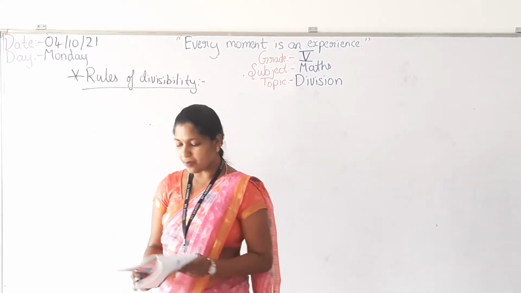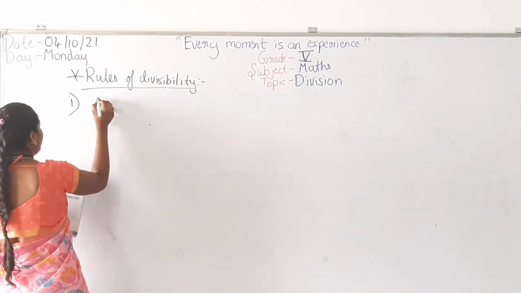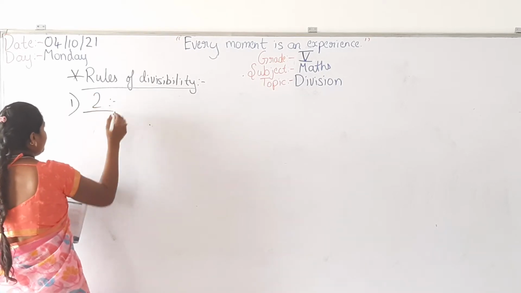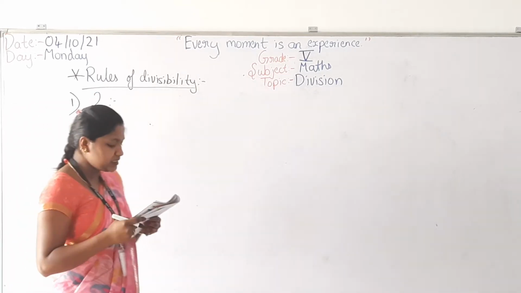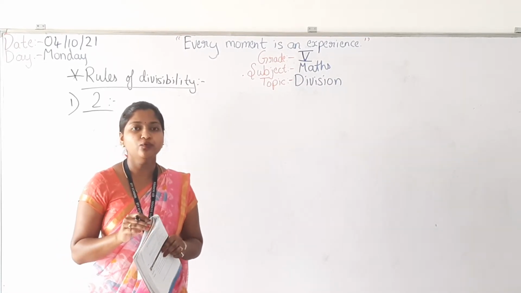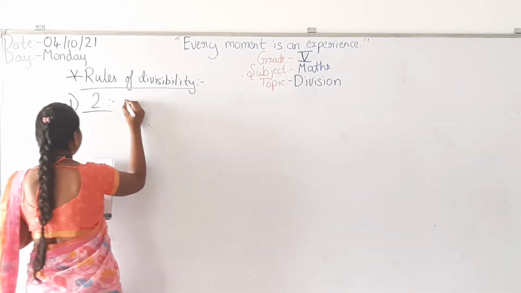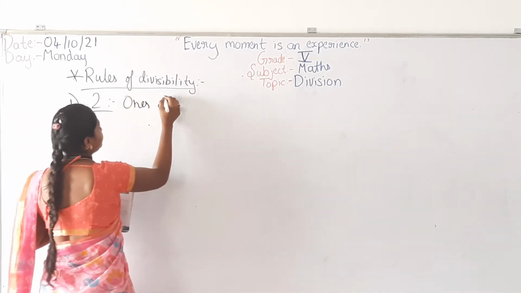The first divisor is 2. For 2, the rule is, the ones digit of the given number must be 0, 2, 4, 6, 8. So what is the condition for 2?